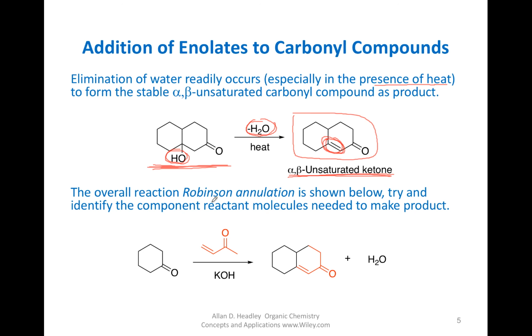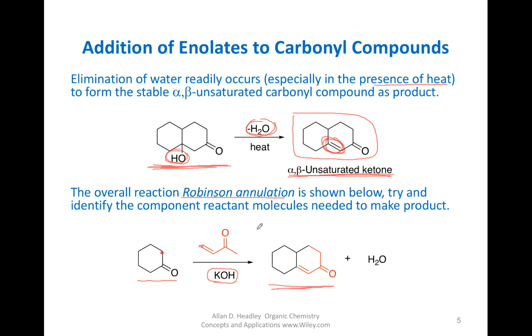So the overall reaction of the Robinson annulation is the ketone in the presence of a base gives you the enolate. The enolate reacts with the alpha beta unsaturated carbonyl, and that in the presence of more base gives you the Robinson annulation, and here's the product.